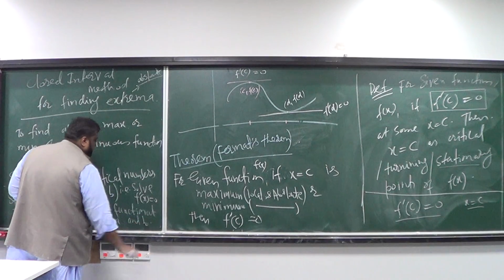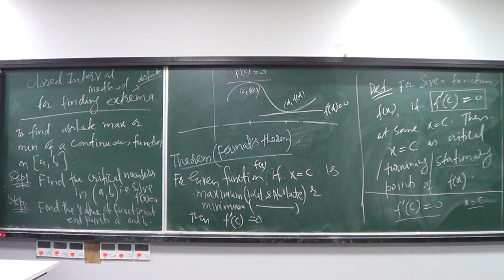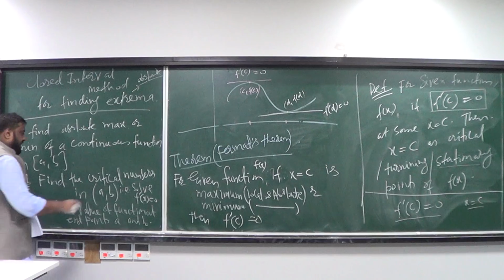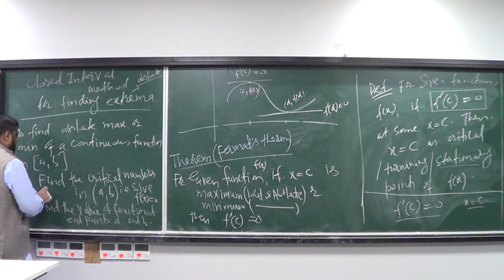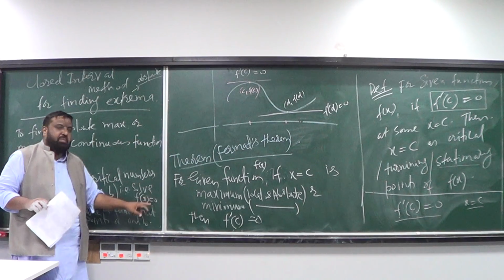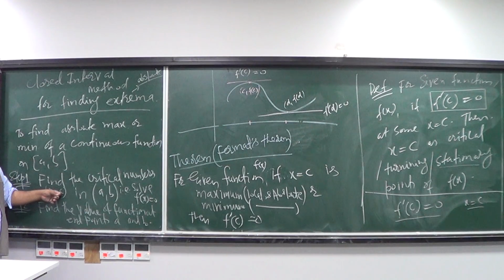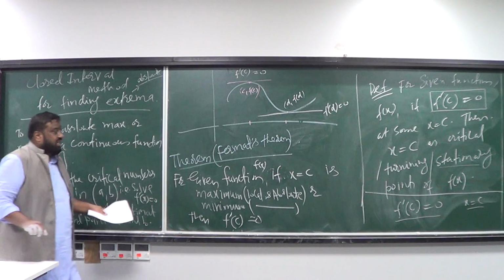Okay, so first find the critical point and then find the values at endpoints. Say the critical point that you find here is x equal to c. So you solved f prime of x equal to 0 and the solution is x equal to c. Okay, so you found the critical point and then compute the value of the function at the endpoints a and b.